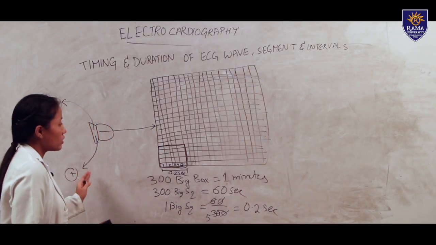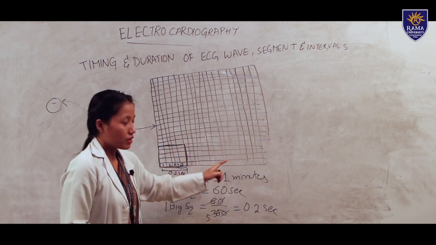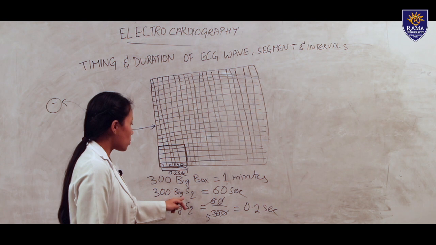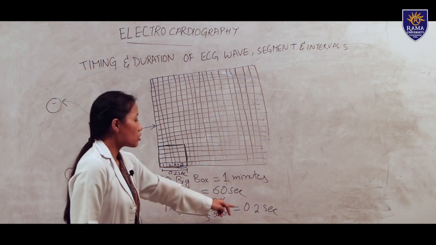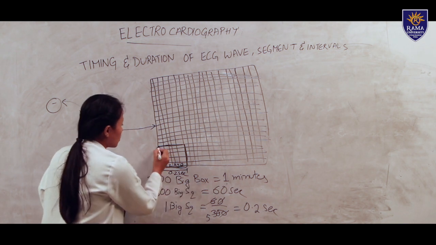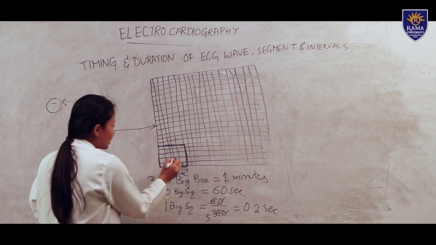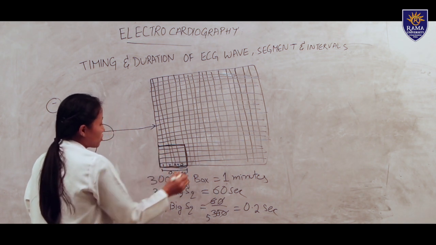Under a pointer, the rolling paper passes 300 big boxes in a minute. That means 300 big boxes is equal to 1 minute, and 300 big boxes is equal to 60 seconds. That is, 1 big box is equal to 0.2 seconds. So for 1 big box, we call the duration 0.2 seconds.